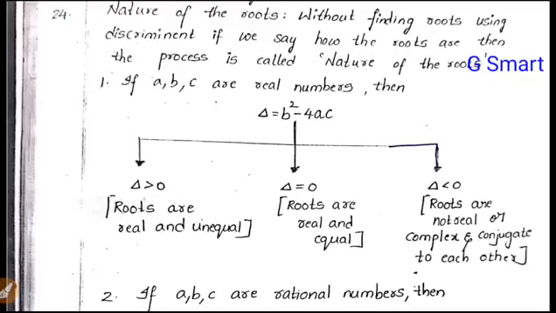If delta is equal to 0, then the roots are real and equal, like 4 comma 4, 9 comma 9. If delta is less than 0, then the roots are not real, meaning complex and conjugate to each other, like 2 plus or minus 3i, 4 plus or minus 7i. Here i means it is an imaginary number.